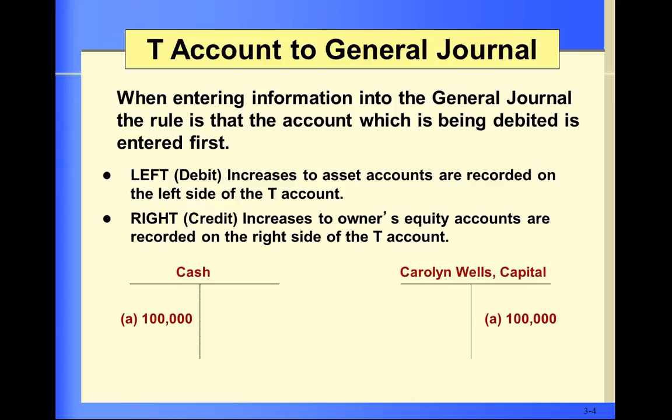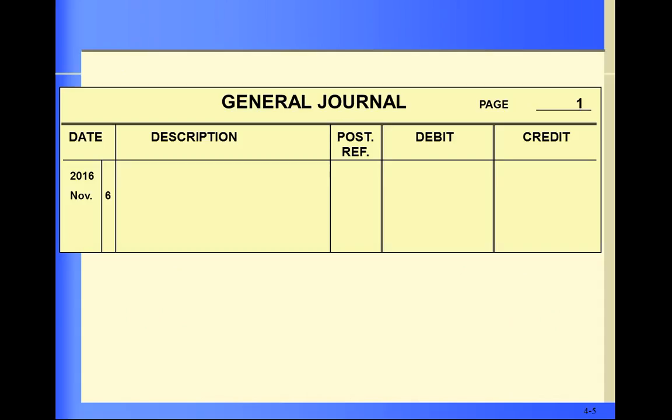We noticed that the left side was used for the asset account, the debit side, and the right side of the capital account was increased with a credit. This is going to be important because when we make our entries into the General Journal, the rule is basically that the debit entry goes first. That means that the cash account is going to be the first entry in our journal, followed by the Carolyn Wells capital account. Let's take a look at how this would work.